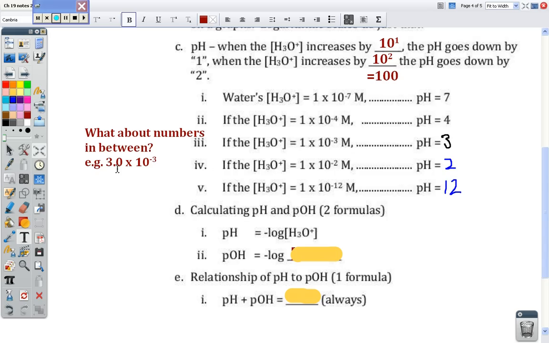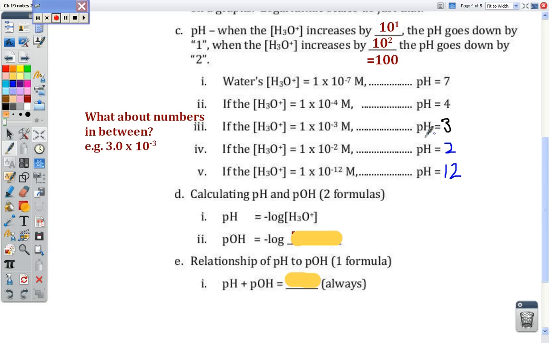So what we would get is a pH that is in between 3 and 2, somewhere like 2.7 maybe. As these numbers increase, the pH goes in between our pH numbers.